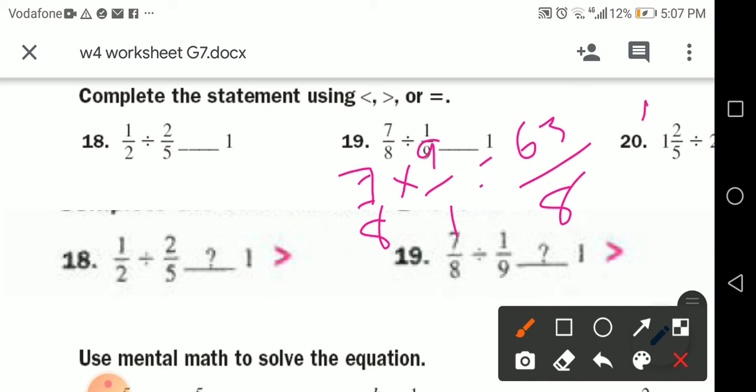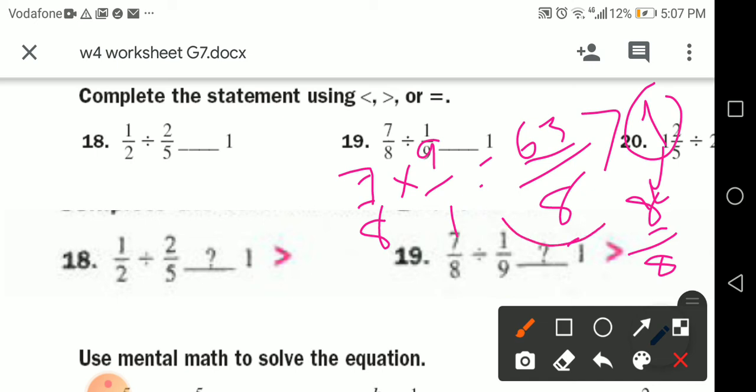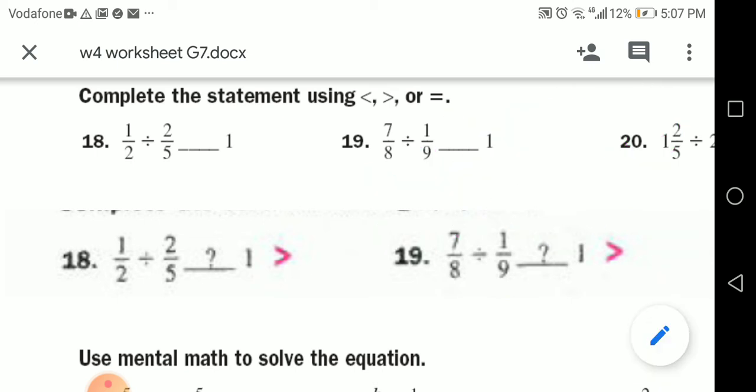We can say 1 instead of 1. What can I do for 1 to make a common denominator with 8? 8 over 8 gives me 1 or not? Yes. So what do you think? 8 is greater or 63? 63. So this one will be greater.